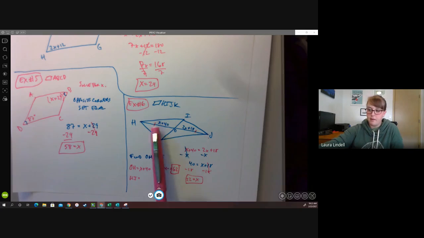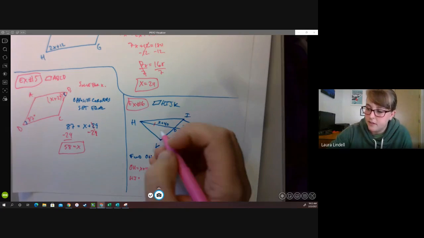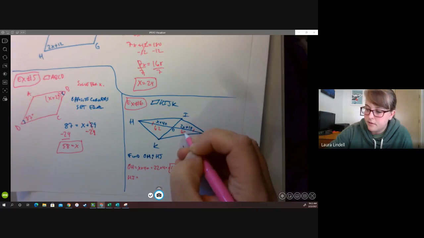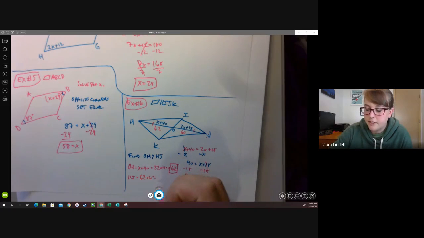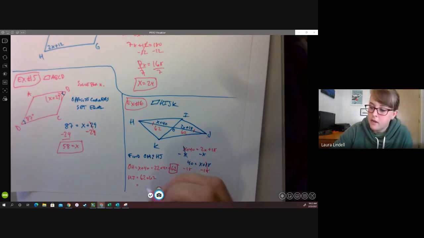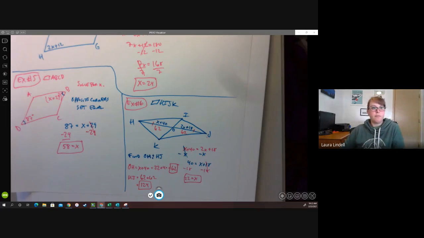I know these two are the same, right? OH and OJ. So we just found that OH is 62. So if this is 62, then this is also 62. So you can go 62 plus 62, or you can go 62 times 2. It doesn't really matter. But we should get 124 for HJ.